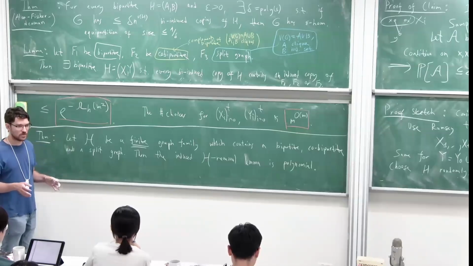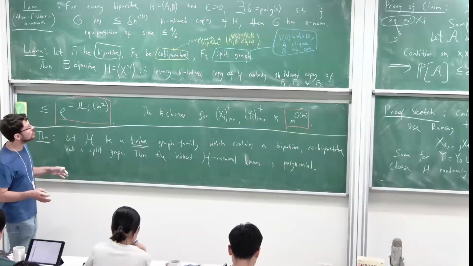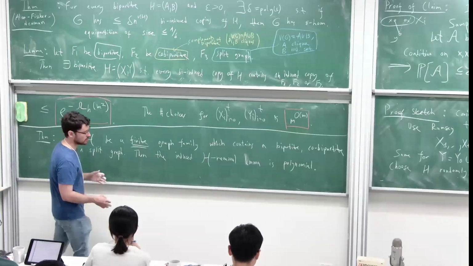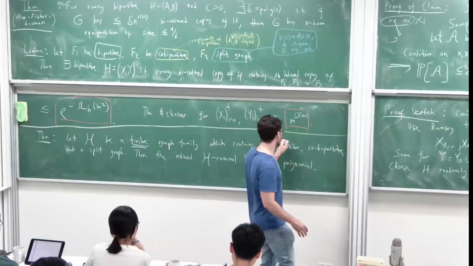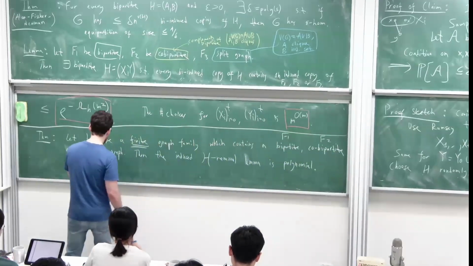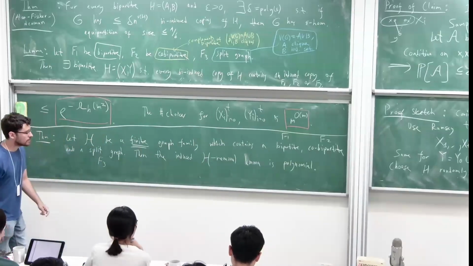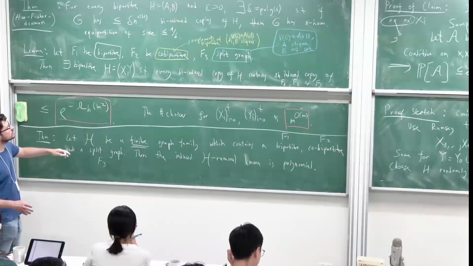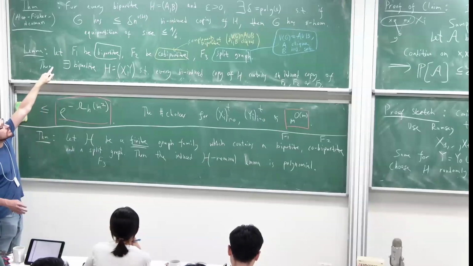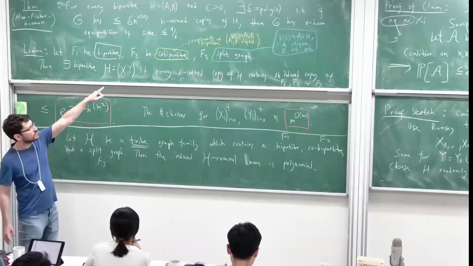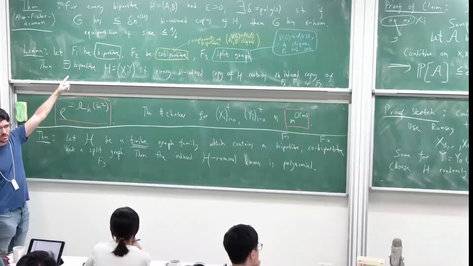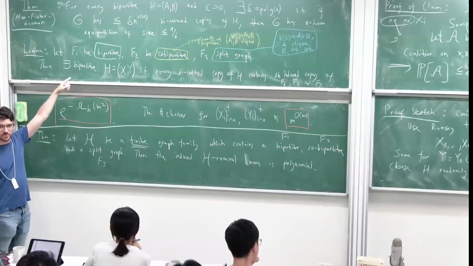So what you do is you take these three graphs here, F1, F2, and F3, and you get this bipartite graph H from this lemma, and then you apply that theorem to say that either you have many bi-induced copies of H, and then you're happy, or you have the homogeneous partition, and from the homogeneous partition you can prove the removal lemma.